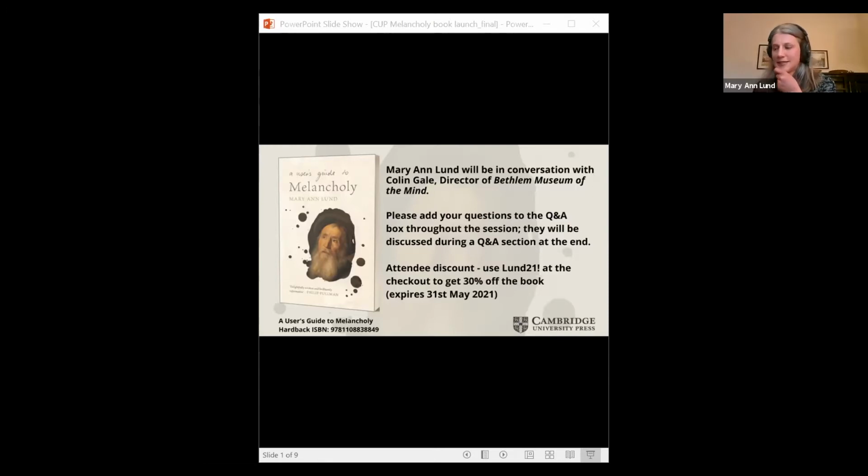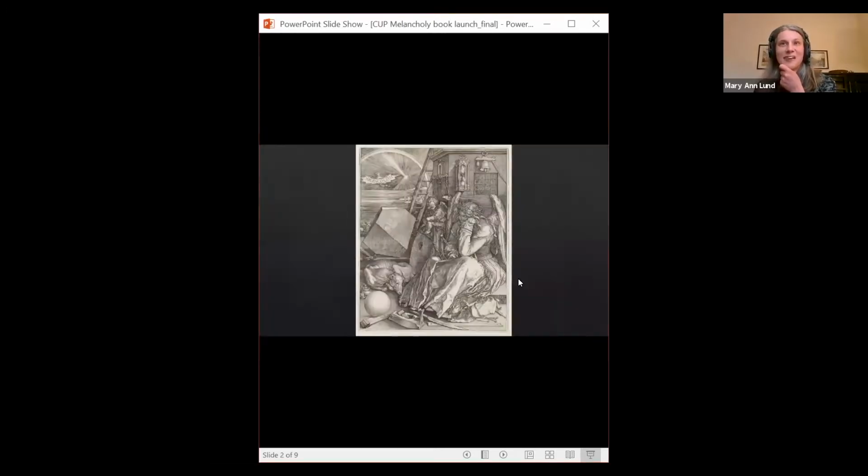Holly is on the slides today, and I was wondering if you could flick over to slide 2, Holly, because perhaps one image of melancholy that might be very familiar to us is Dürer's etching of Melancholia as a female presence, the introspective, the downcast eyes, and that association of melancholy with genius and intellect.